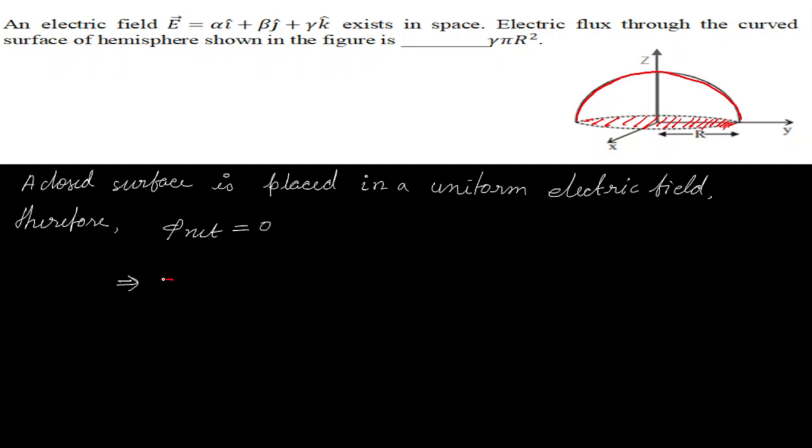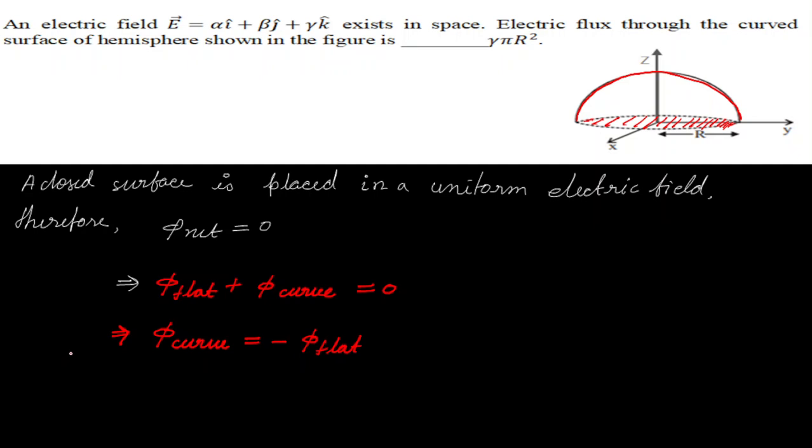So we can write the flux through the flat surface plus the flux through the curved surface equals 0. We have to calculate the electric flux through the curved surface, which can be written as minus of the electric flux through the flat surface.